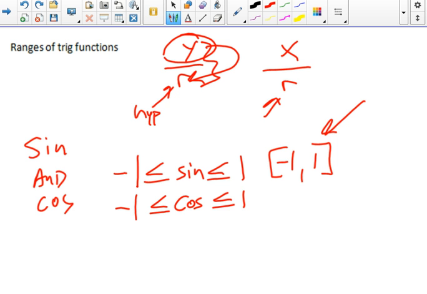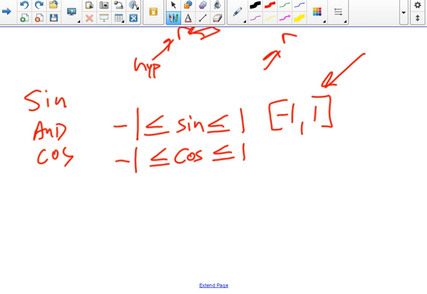Now, if you consider the ranges of the secant and cosecant, because they're just reciprocals, kind of the reverse is true with them. r was always going to be biggest, so secant and cosecant can never be between 1 and -1. So for secant and cosecant, you're going to have negative infinity all the way up to -1. You can include -1, yep.